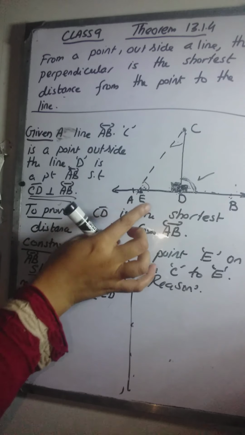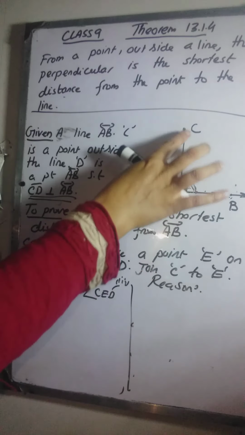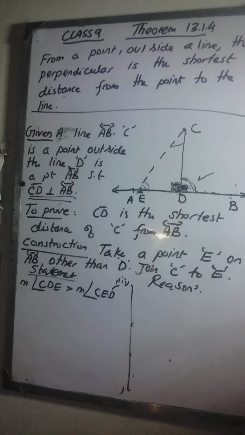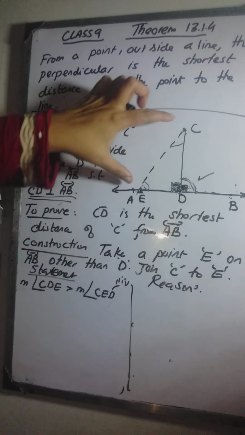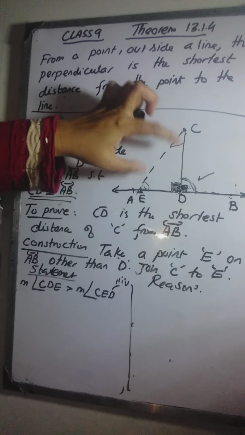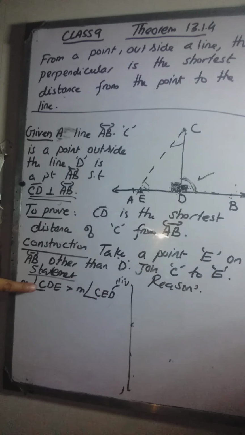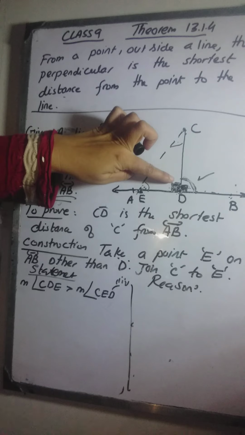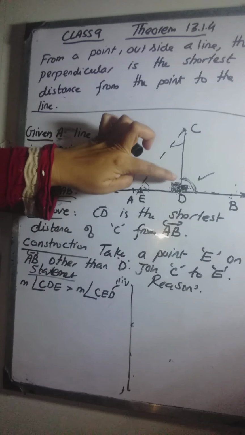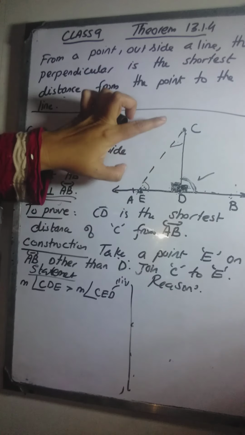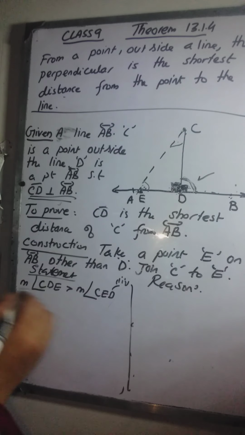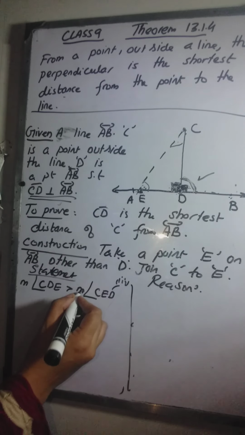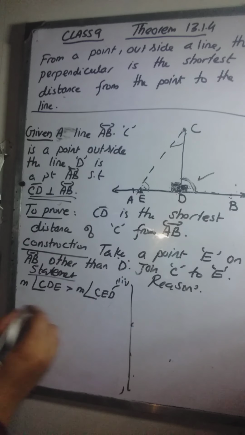Now the side opposite to CDE is this side CE. This is the side which is opposite to this angle. Okay, so we know that if this angle is greater than this, then the side opposite to the greater angle is always longer. So this will be greater than this side, and this will come to the result that we want to prove.